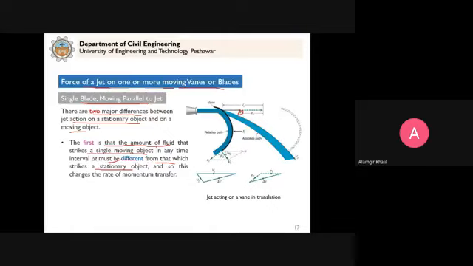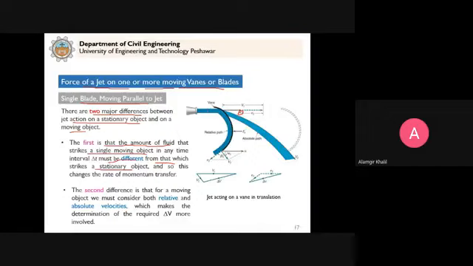So it means that the fluid hitting a stationary plate and the fluid hitting a moving plate are different. Clear? The second difference is that for a moving object, we must consider both relative and absolute velocities, which makes determination of delta V more difficult.